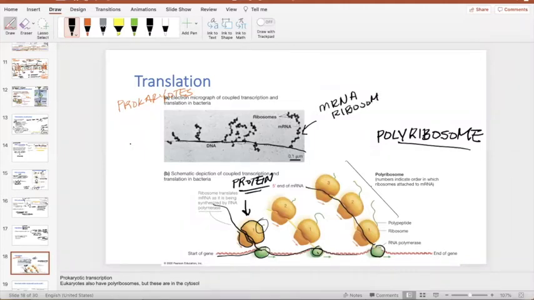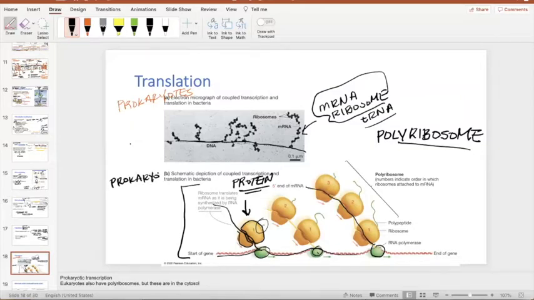What you don't see is the third thing that we're going to talk about in a second, which is called the tRNA. Okay, so this is how this would happen in a prokaryotic situation where everything is all together. Now let's contrast that with how this would happen in a eukaryotic situation where things are separate.